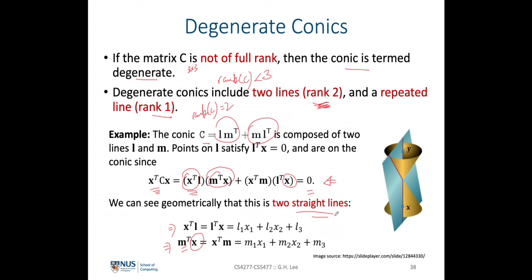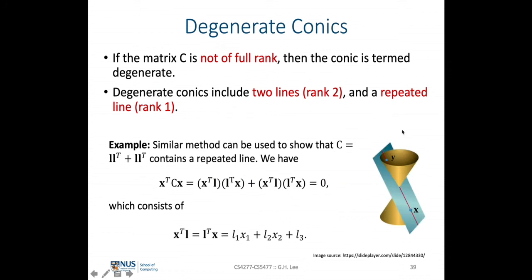So from this formulation, it reveals two line equations. Hence, the degenerate conic in this case, where the rank equals 2, is actually two lines, which is represented geometrically using this particular figure over here.